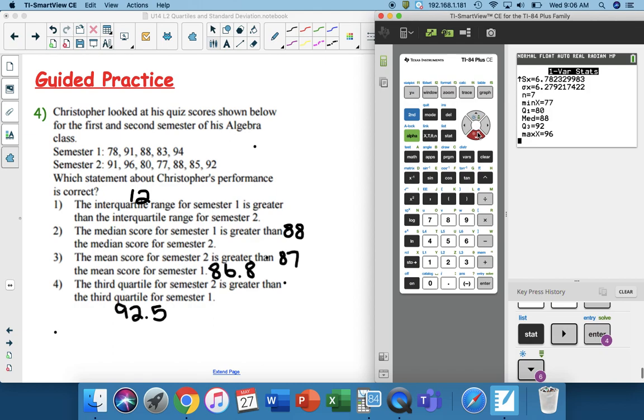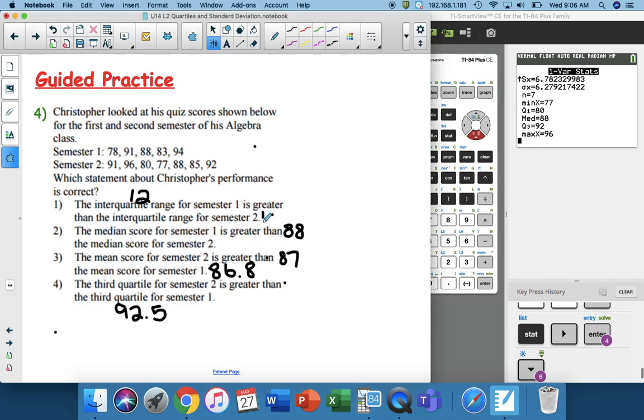Let's scroll down now. Interquartile range, what's 92 minus 80? 92 minus 80 is a 12. Median score, 88. And the third quartile score is 92.